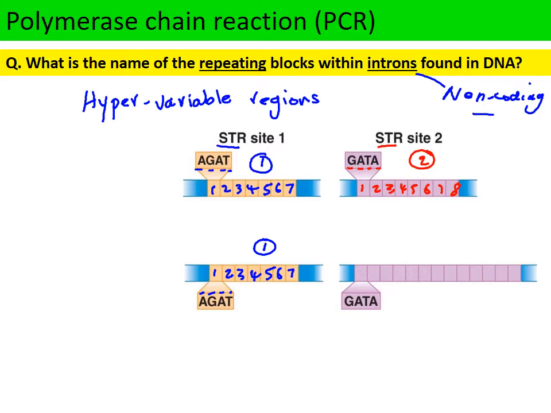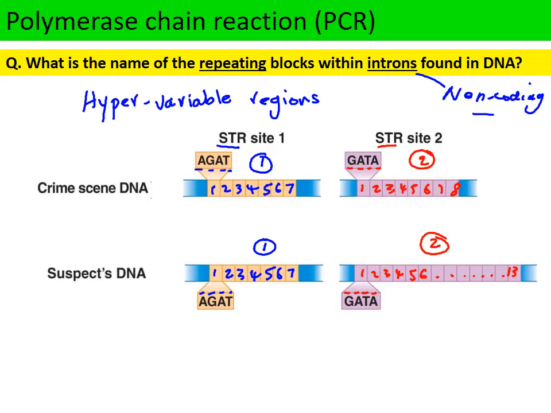But if we look at the second hypervariable region from the second person, we know it's GATA. This time, if we count how many GATA repeats we have, we'll actually find there's 13 of them. So in this second person, we know that the second hypervariable region is bigger compared to the first person. So this band would be a bigger band of DNA that gets amplified.